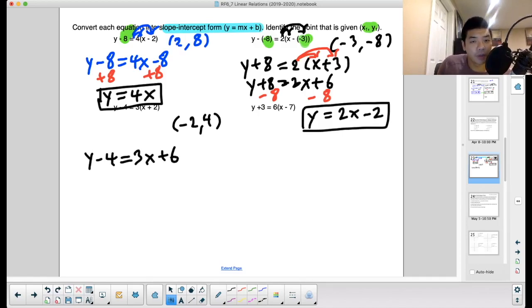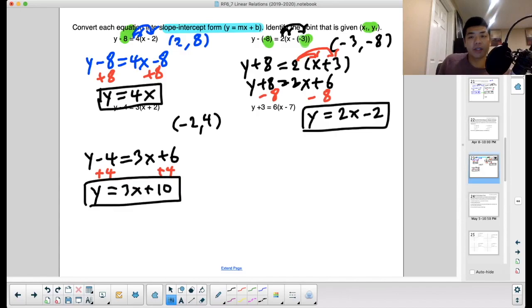All I had to do was distribute the 3 to the x and the 3 times the 2. Then we add 4 to both the left and the right sides. So y is equal to 3x plus 10 as your final linear equation.